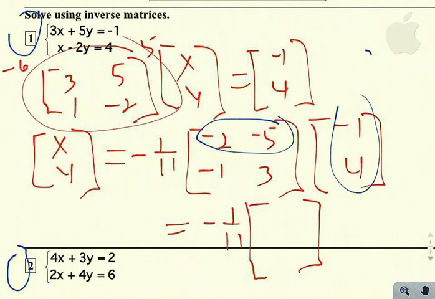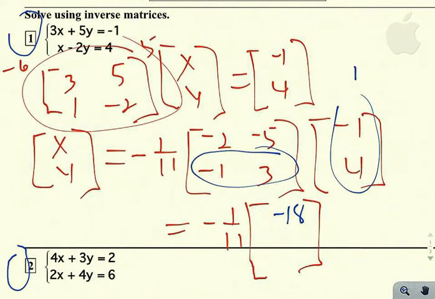Well, the first numbers would be 2, second minus 20, add them, you get minus 18. Now for the second row, second column, the second numbers would be 12, add them, you get 13. So this would be 18/11, minus 13/11.